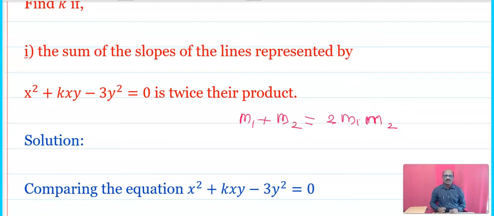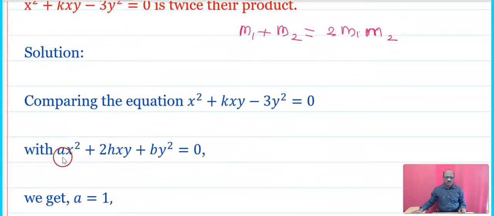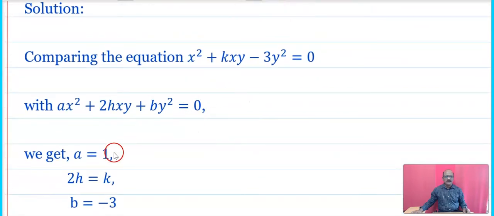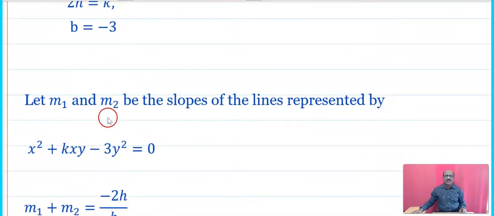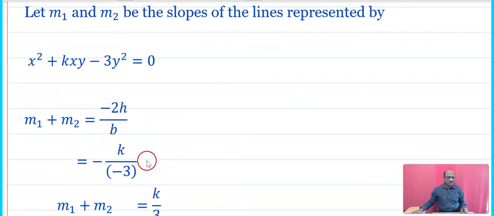Now here, comparing the equation x square plus kxy minus 3y square is equal to 0 with ax square plus 2hxy plus by square is equal to 0, the value of a is 1, 2h is k, and b is minus 3. Let m1 and m2 be the slopes of the lines represented by x square plus kxy minus 3y square is equal to 0.